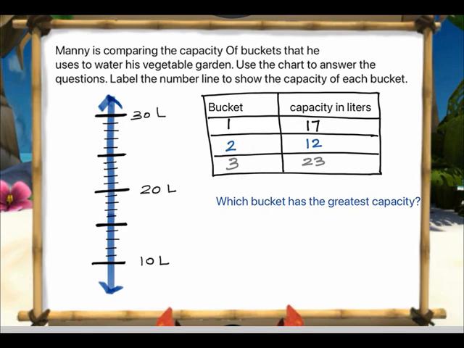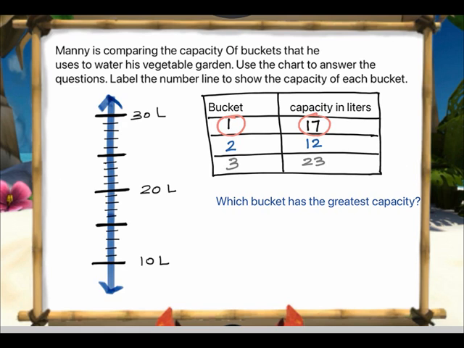Now what we have to do is label the number line to show the capacity of each bucket. So this is the number line. We have to label the number line to show the capacity of each bucket. That means every single bucket. We have to label it on the number line. Okay, let's label the first bucket, bucket 1, which holds 17 liters.